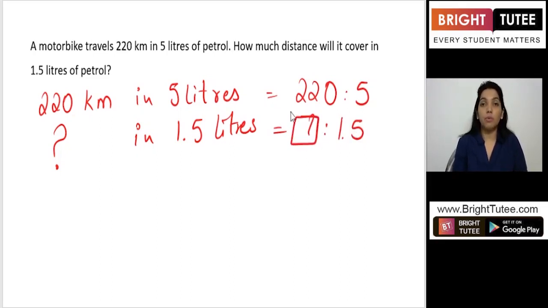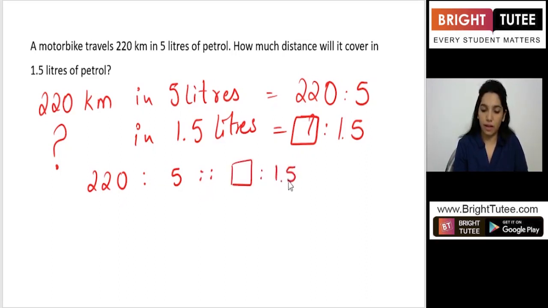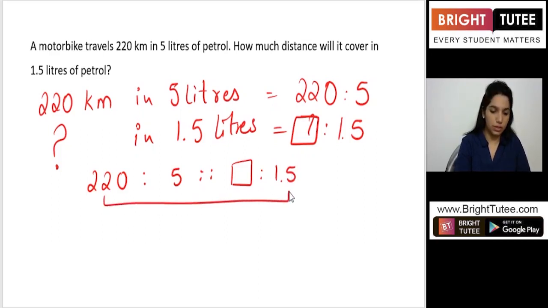I hope you do remember we have the method that the multiplication of extremes and the means are equal. So let us use that method to find the value of this. The extremes are 220 multiplied by 1.5.